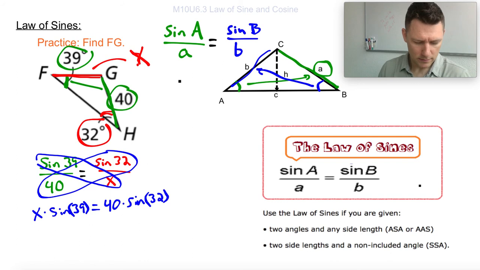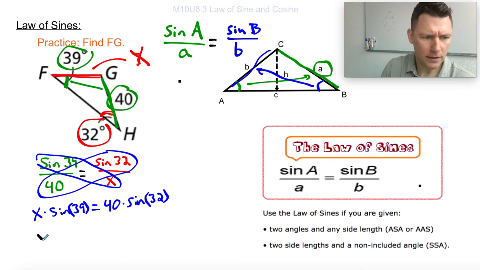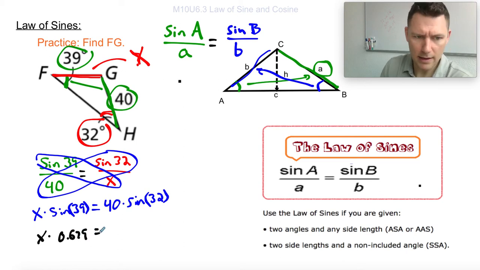So sine of 39 gives me x times 0.629. And 40 times the sine of 32 gives me 21.19.